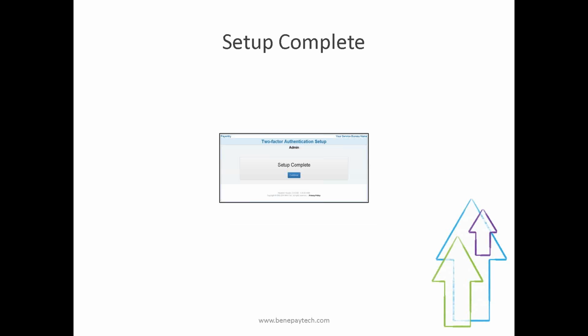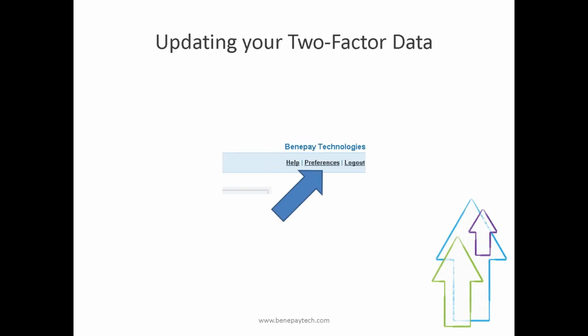When you have completed all of the above steps, you will see the Setup Complete message. Select Continue to enter Payentry. If you wish to update or make changes to your two-factor authentication information, you can click on Preferences in the upper right-hand corner of Payentry.